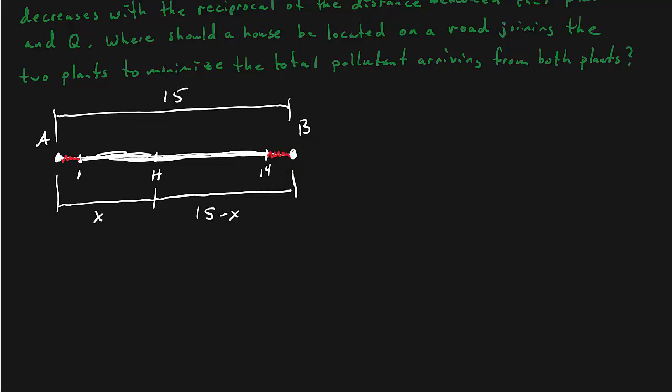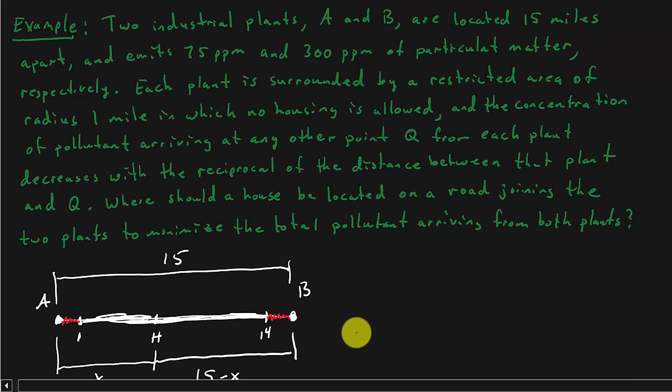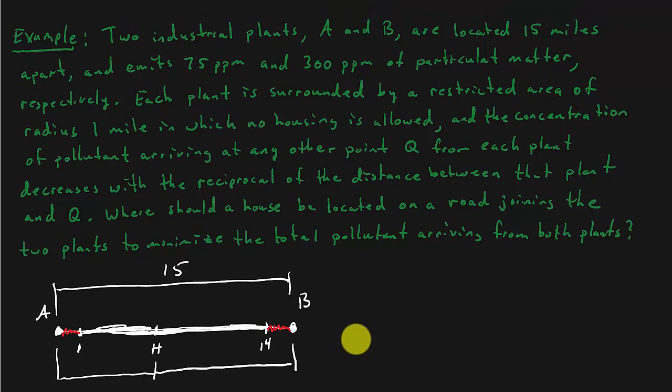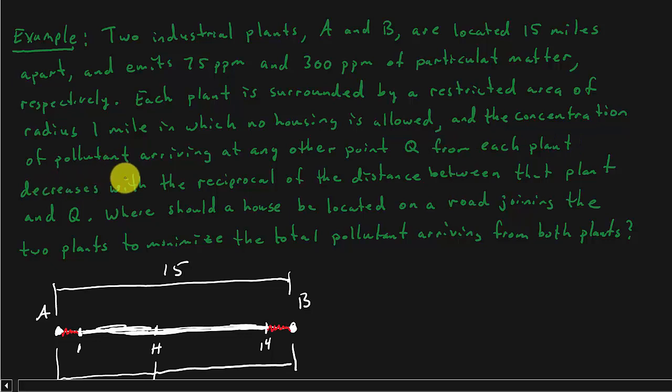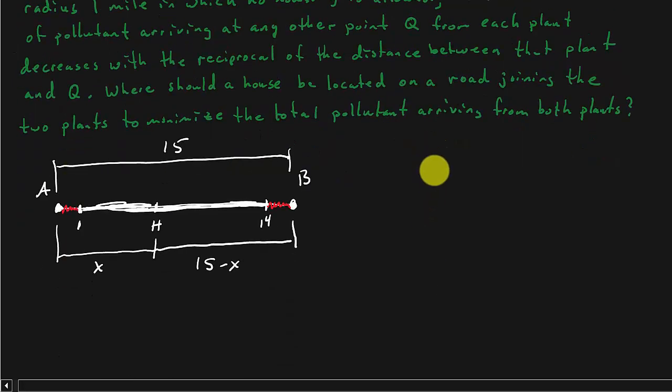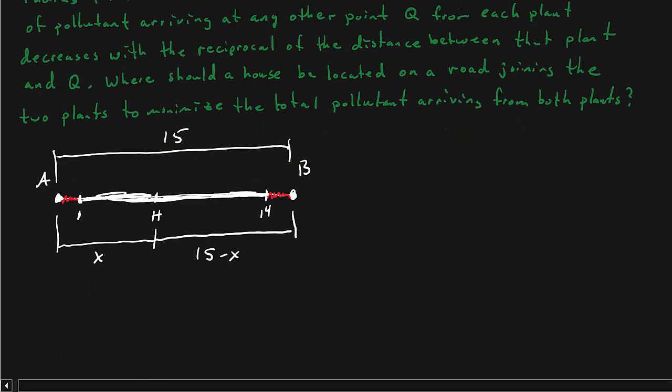All right. So it says that the concentration of pollutant arriving at any other point Q from each plant decreases with the reciprocal of the distance between the plant and Q. All right.